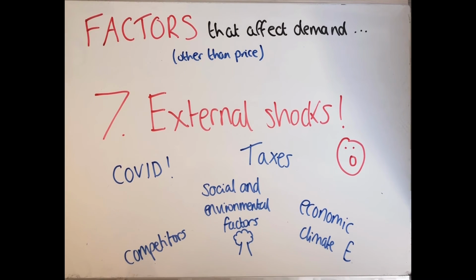And then finally, the economic climate. So if the economy is in a boom, this could lead to more disposable income for people to spend. Therefore, demand is going to increase. But if there is a recession, this could mean that people have less money to spend, which could lead to a decrease in demand for many businesses.